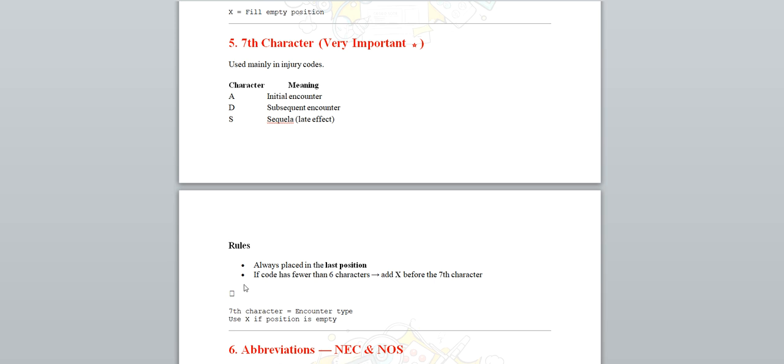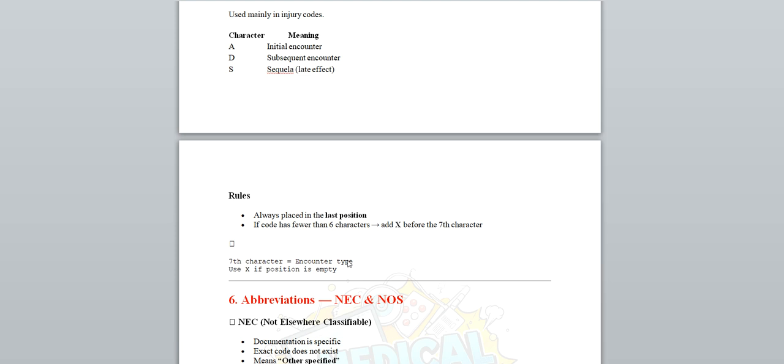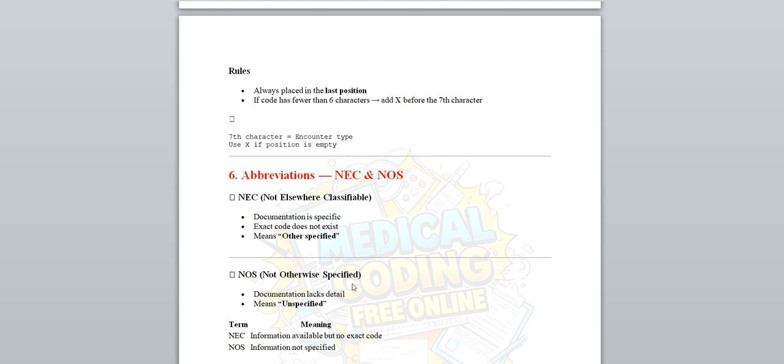So we must present a total of 7 characters. If there are only 6 characters, the seventh character is not there, so we fill with X and then add the seventh character A, D, or S, whatever it may be. So the seventh character is the encounter type. Use X if the position is empty.